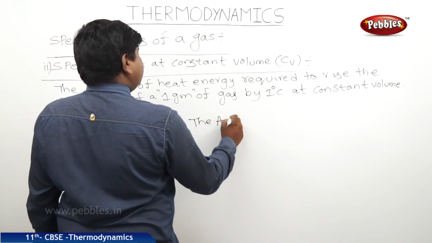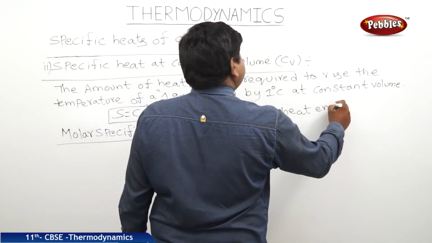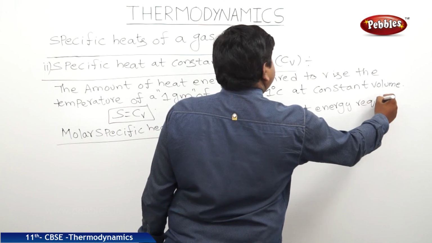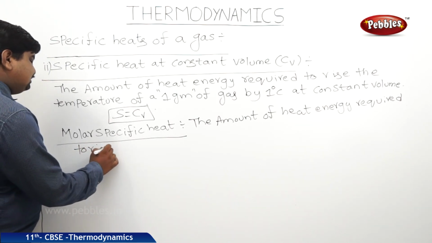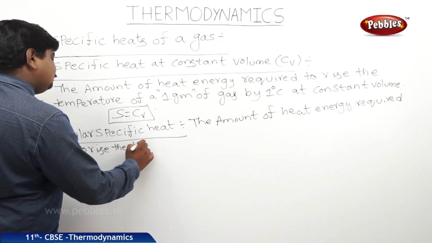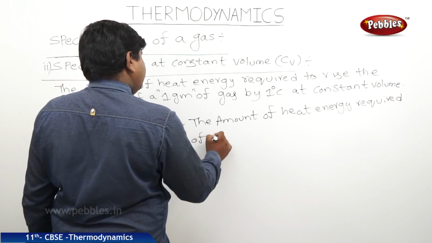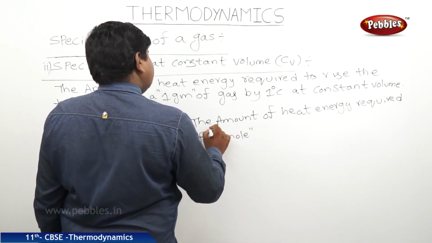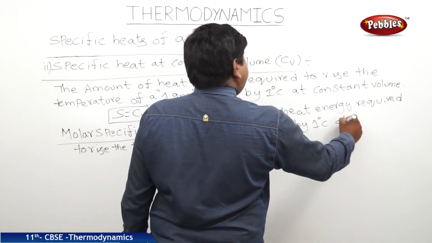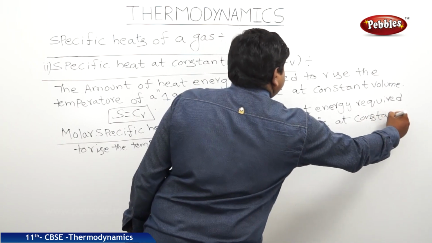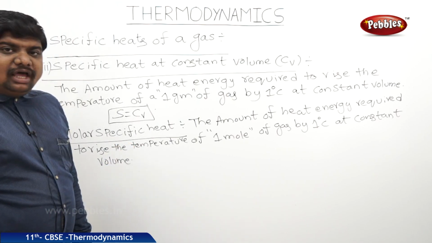The amount of heat energy required to change or raise the temperature of 1 mole of gas by 1 degree Celsius at constant volume is called molar specific heat.